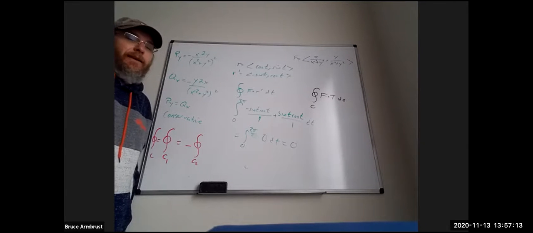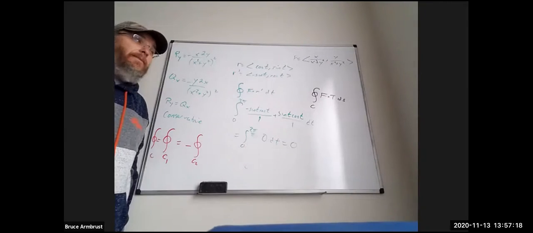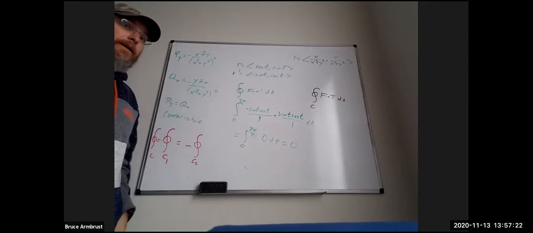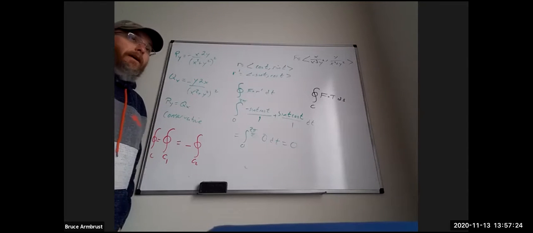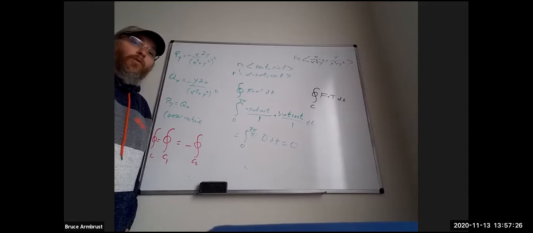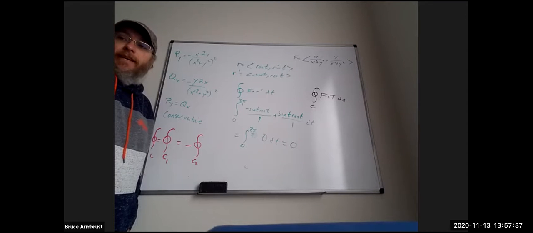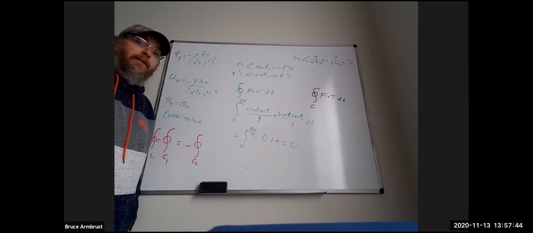I chose a circle because circles are easy to parameterize. We've done them a million times. And circles only require one integral, as opposed to a square, where I would have had to do a line integral for each of the sides. But yes, it could have been any closed curve that still contained the problem spot.